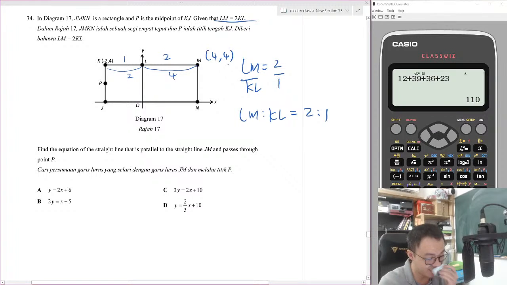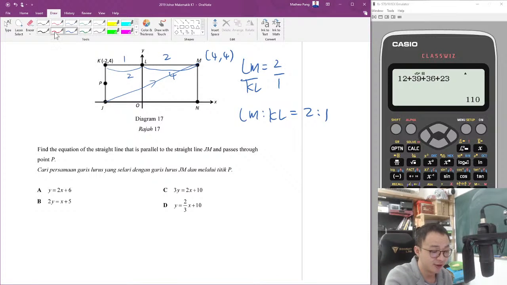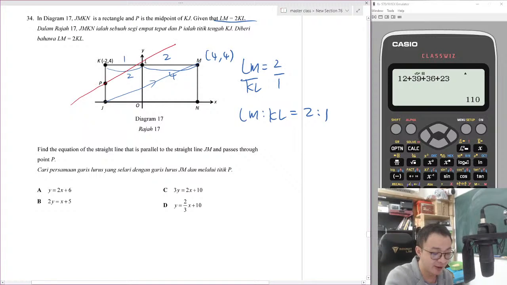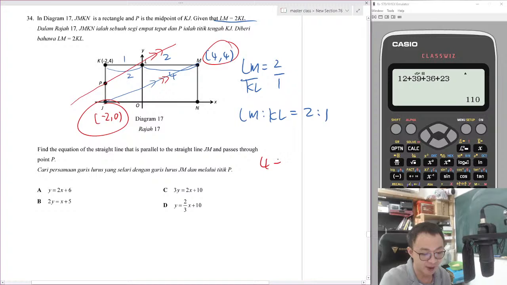Alright, they asked me to find the equation of the straight line that is parallel to JM and passing through P. JM is like this. So I can use JM to find the gradient, and then find another line that is parallel to JM but passing through P here. From JM, I can get the information here. This one should be -2, 0. So I use these 2 points to find the gradient. 4 plus 2 over 4 minus 0.